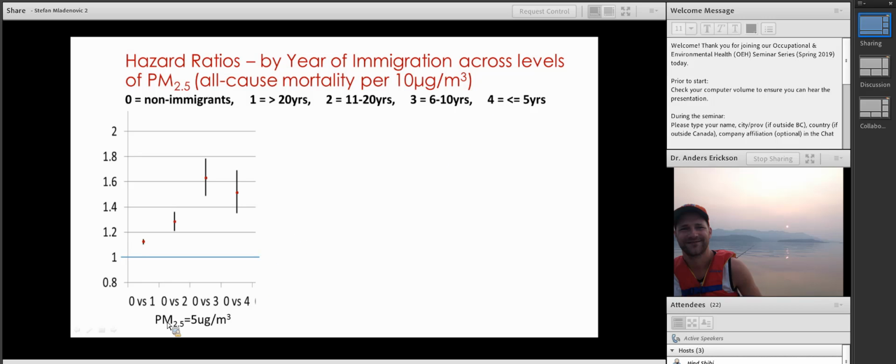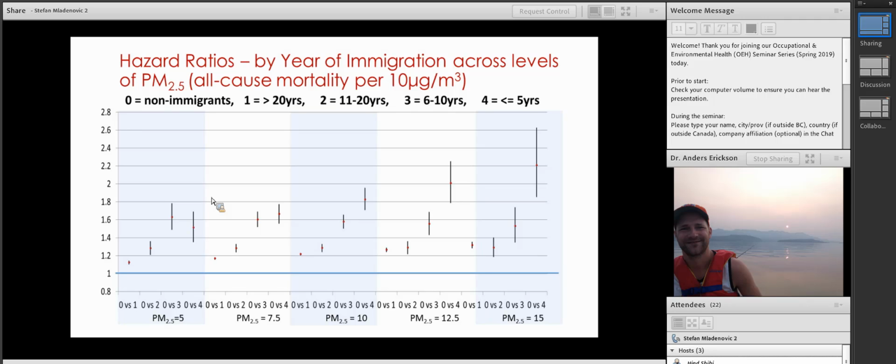And so this panel looks at this low, so looking at levels where PM is at around 5 micrograms per cubic meter. You see this difference in your hazard ratios, a greater difference between comparing these more recent groups to the non-immigrant groups. And then when you look across PM levels, you see a slight change.